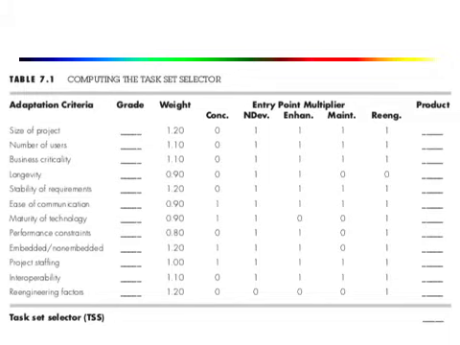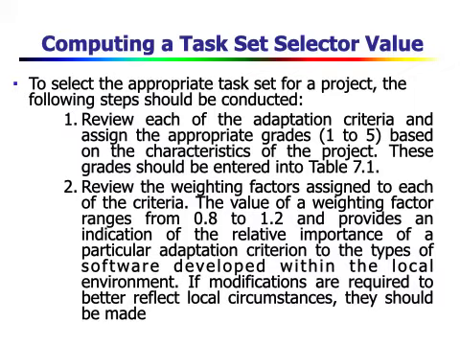Then the second step, you review the weighting factors assigned to each of the criteria. The value of the weighting factor ranges from 0.8 to 1.2 and provides an indication of relative importance of a particular adaptation criterion to the type of software developed within the local environment. If modifications are required to better reflect local circumstances, they should be made.